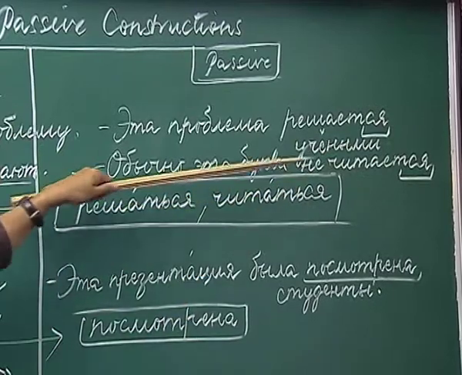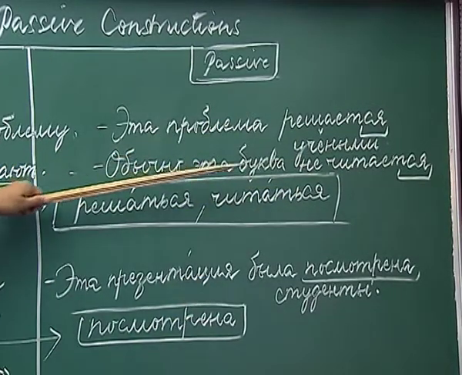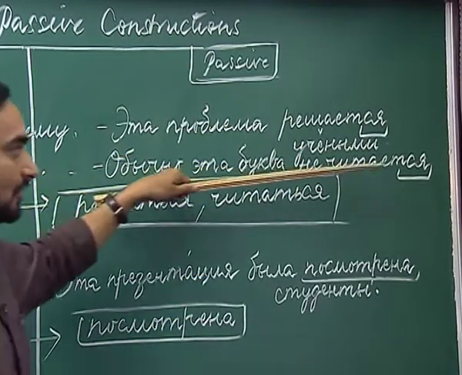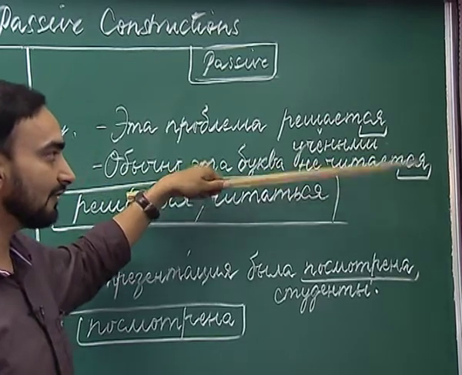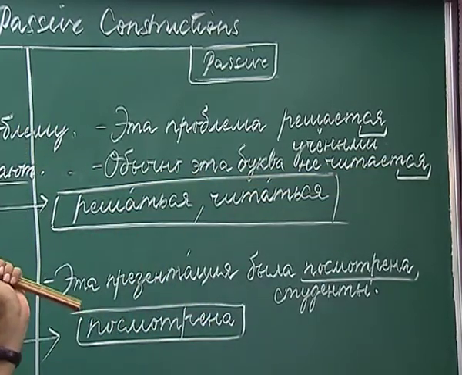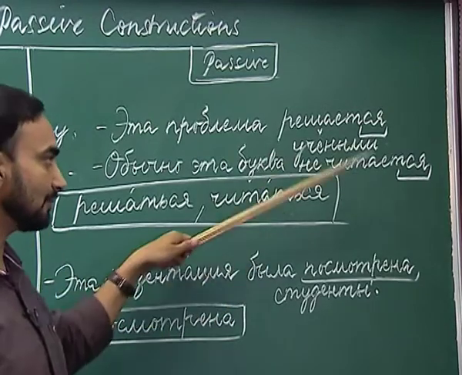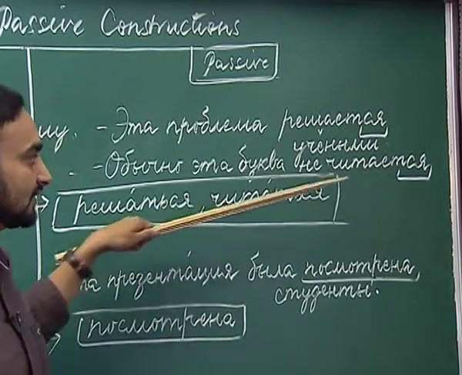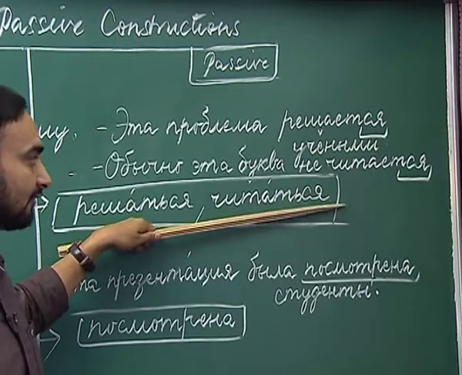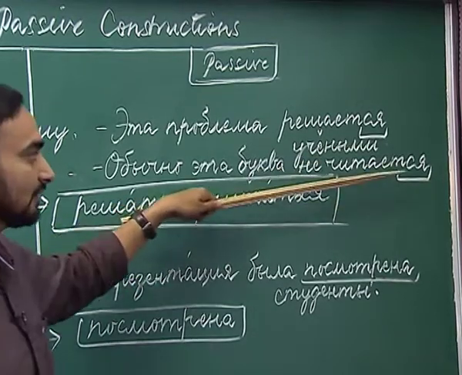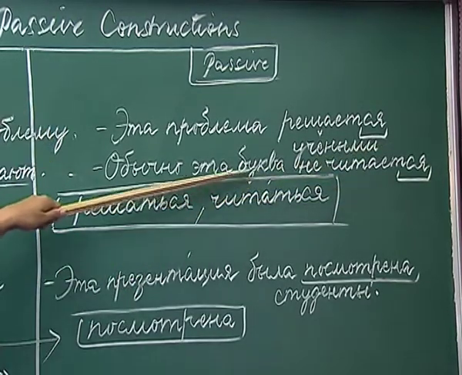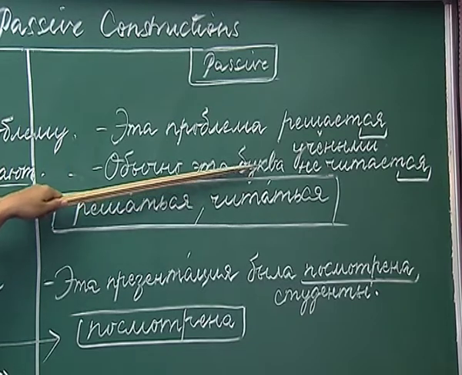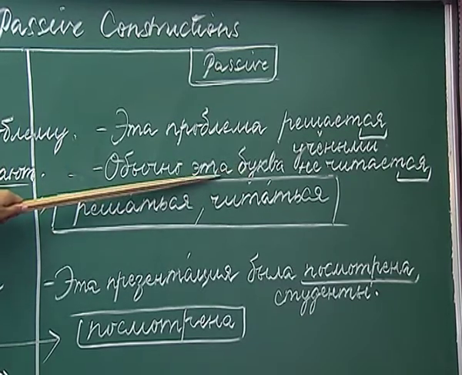So, here you have to bring the object into beginning and use the verb which is the reflexive of the verb which was used in the active construction. So, from chitaj we have changed chitaj into chitatsa, which is the reflexive verb, and then you have to use it accordingly depending on the number of the subject.